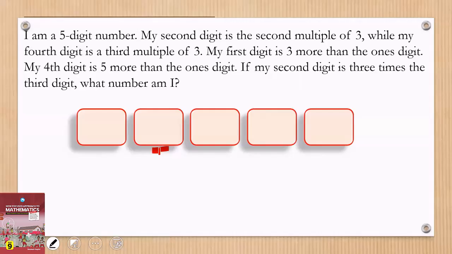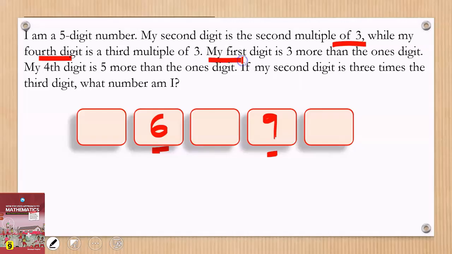So the second digit, which is the second multiple of 3, we can put 6 here. Good. Now, my fourth digit, which represents this part, is the third multiple of 3, and that is 9. Okay, so that is our 9. Good.